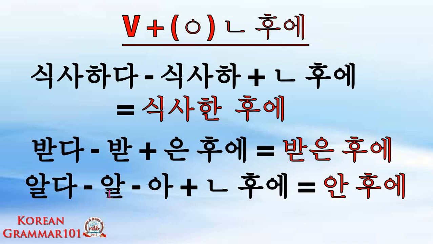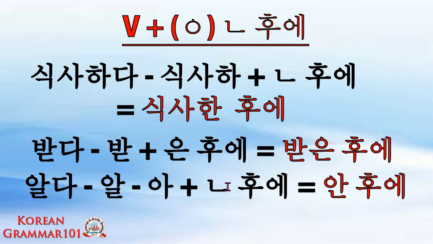Okay, there is a special case for pachimriol. When the last letter of the syllable is riol, we need to delete or omit this letter. So from al, it becomes a. So when it is a already, that means it doesn't have a pachim anymore. So that means it ends with a vowel now. So we will attach un huye.